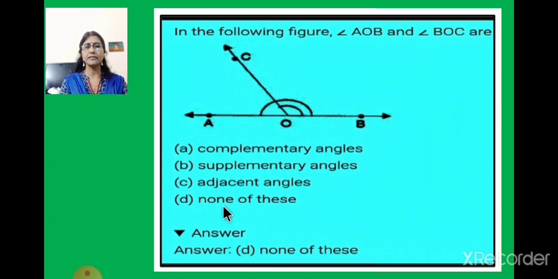Adjacent angles? None of this. So they are not complementary because this angle is inside this angle. It is included here. It is inside. So it is not supplementary also. Adjacent also we cannot tell. These two angles are not adjacent to each other. None of this. So answer is D option, that is none of this.